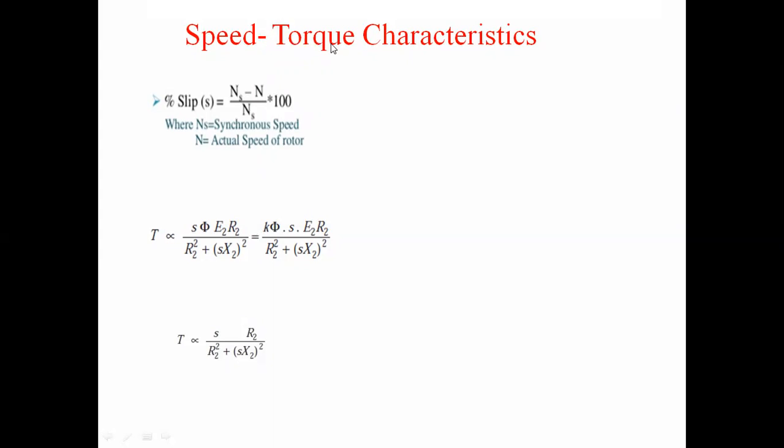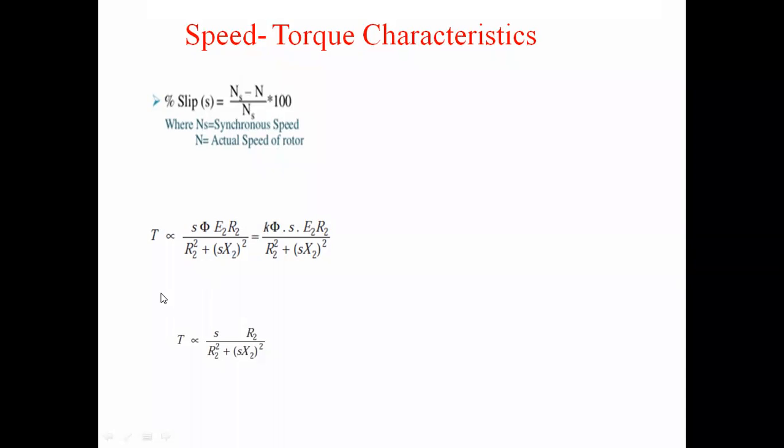As we know, the percentage slip equals ns minus n divided by ns into 100, as we saw in the previous lectures. Here ns is the synchronous speed of the induction motor while n is the actual speed of the induction motor.